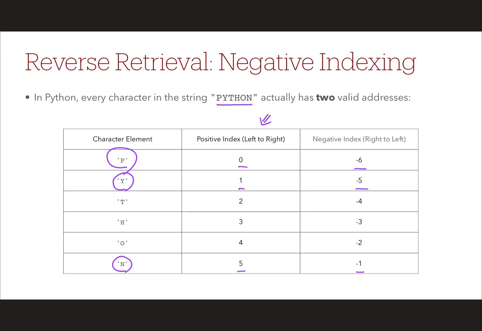Now, by any chance, if you download certain code from the web, or if your colleagues are a little bit advanced programmers, they may write some code with negative indexing.